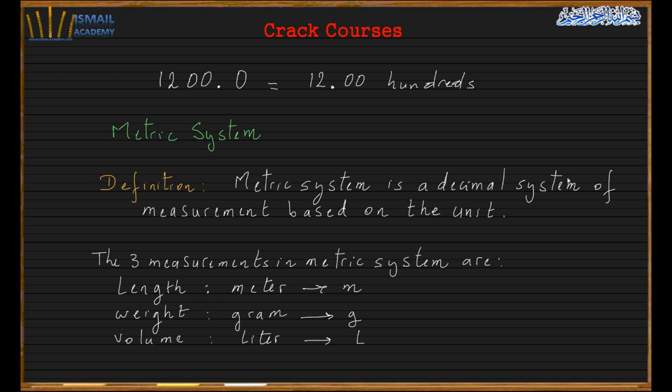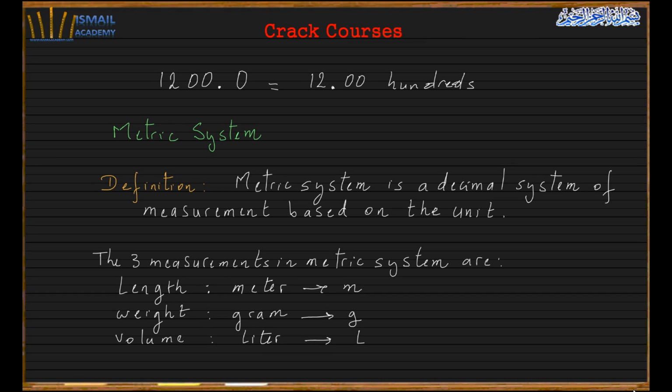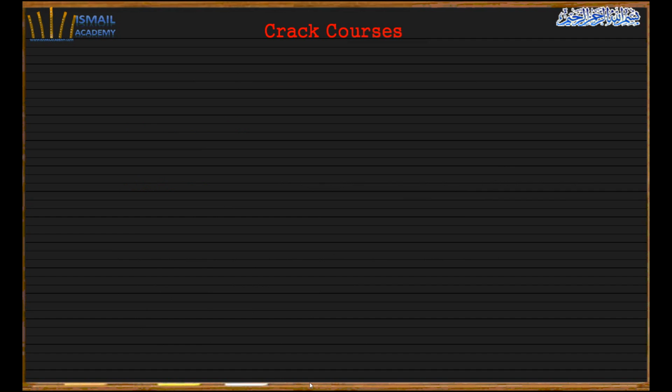So the behavior of the metric system is going to be the same as the decimal system. To see this, let's draw the two tables, the place value table and the unit measure table, and you're going to see the idea.